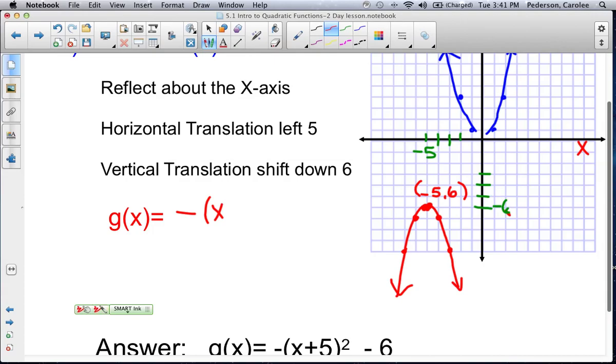And when we go left, it's going to be inside, so you have to think opposite, x plus 5 all squared. And then when you translate it down 6 units, that happens at the end, so it is minus 6. So there's our 3 transformations. Our red function is now our finished red equation and red graph.